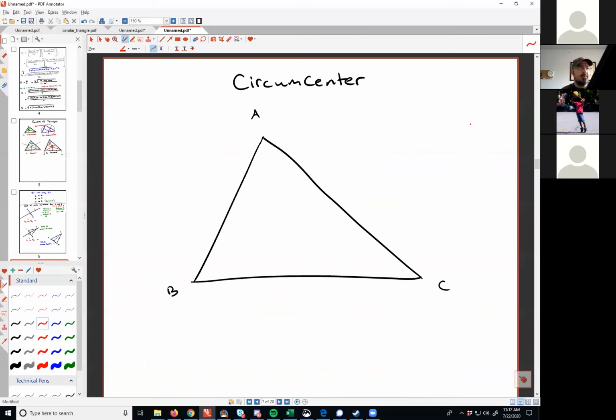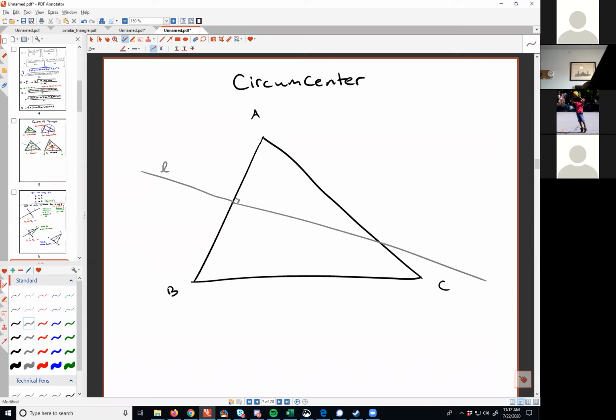Intuition makes that tougher. Well, we can go 2 pairs at a time. We can ask, what is the locus of points equidistant from A and B? And we know that those are the points on the perpendicular bisector of AB.